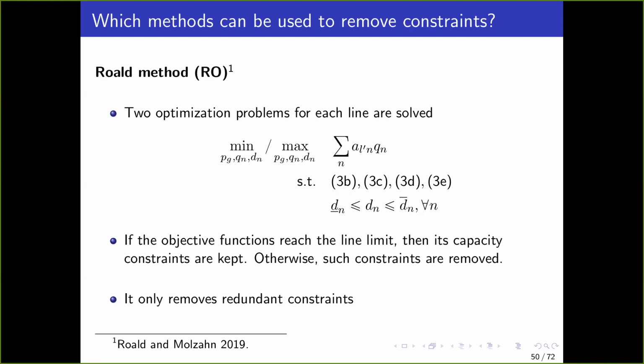If you solve this problem for a line and you actually reach the maximum, then this line capacity constraint is kept, because there exists a possibility that it's going to be congested in real operation. Even if all units are pointing to congest a line, but it doesn't get congested, then you can remove it safely. And this method is only going to remove redundant constraints.